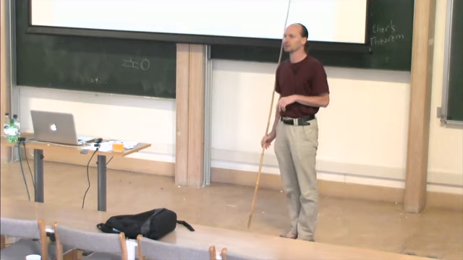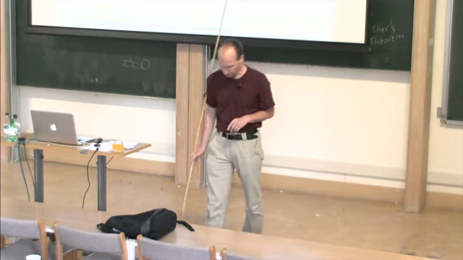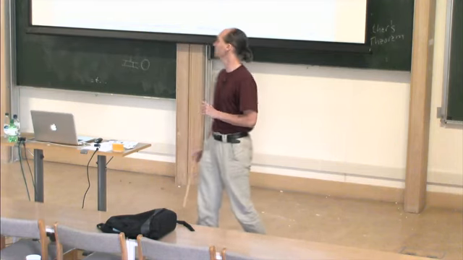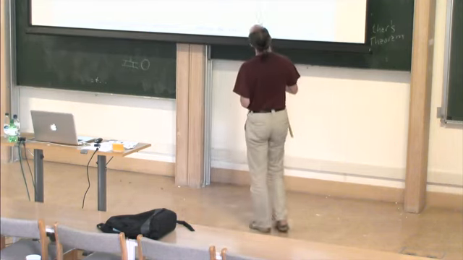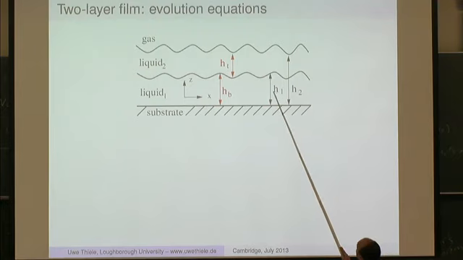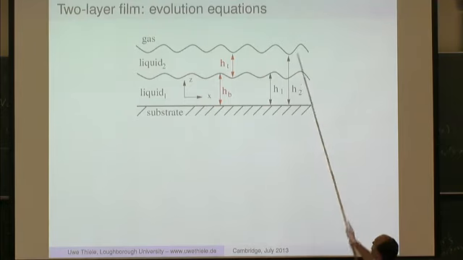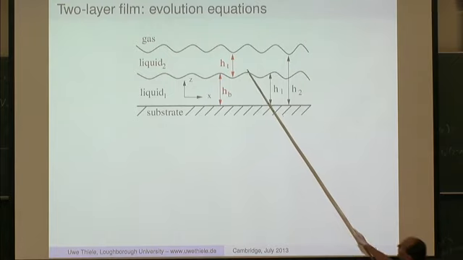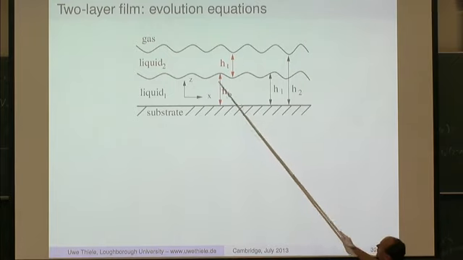You come to two coupled equations of motion for, at that time, H1 and H2, the overall height. However, you can also do it taking the top layer height and the bottom layer height.